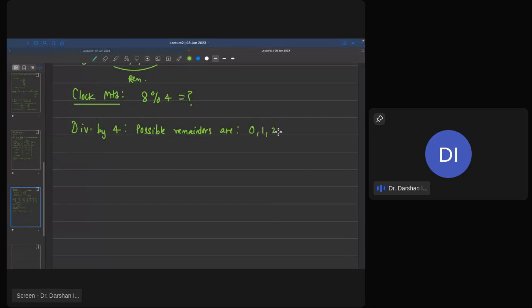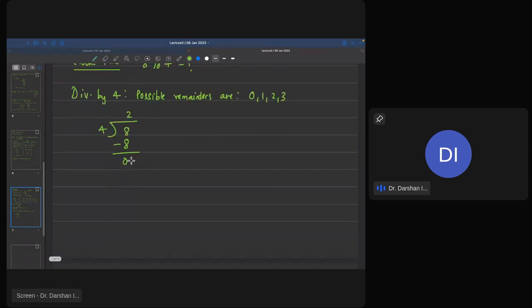And if I have 8 divided by 4, we can clearly say 4 twos 8, remainder is 0. This is one way, and I know the remainder is 0. So I conclude that 8 modulo 4 is equal to 0.